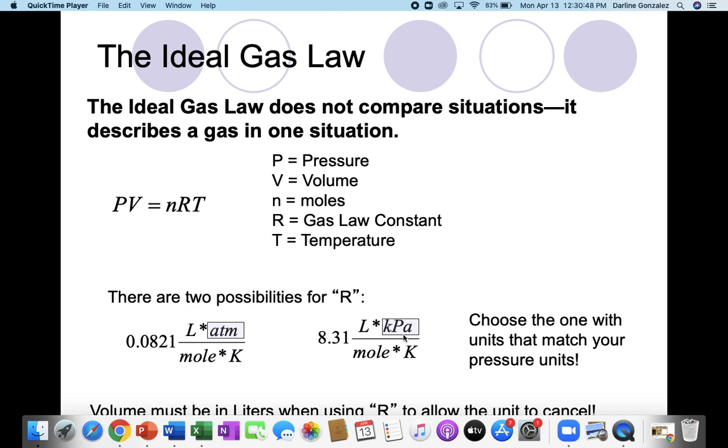If our pressure is in kilopascals, the R that we are using is 8.31. But you have to choose one of these. It all depends on the pressure units. And remember, another thing is that volume must be written in liters in order to use R. So volume is another one, like temperature, that has to be in liters. Temperature has to be in Kelvin. Volume has to be in liters.